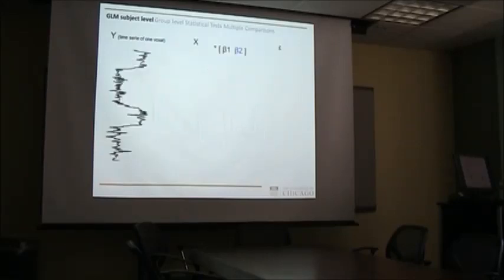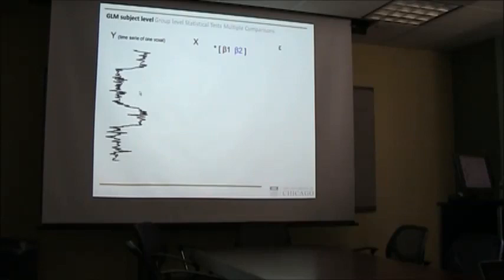What you often do, how they often visualize this, is to turn this thing 90 degrees, and so you go from point 0 here till the end of your experiment. This is how, also in SPM, your design matrix and your model are visualized.